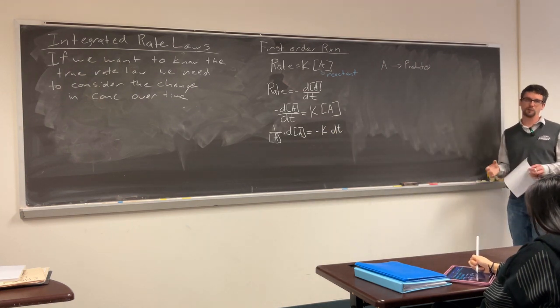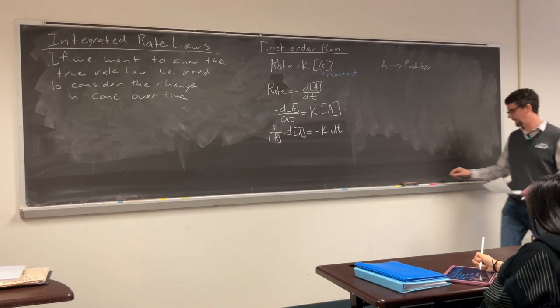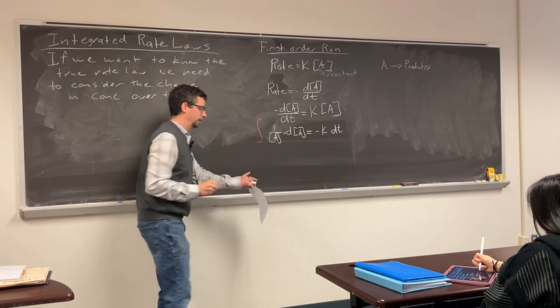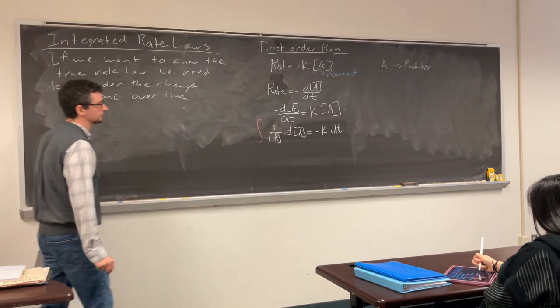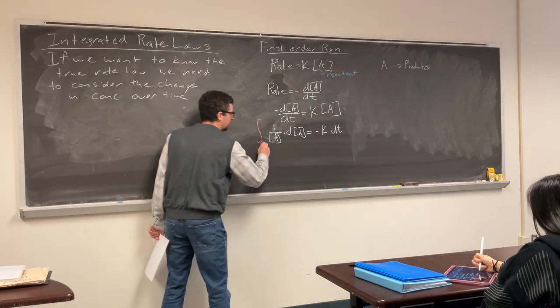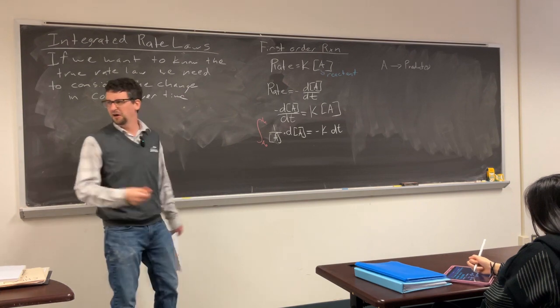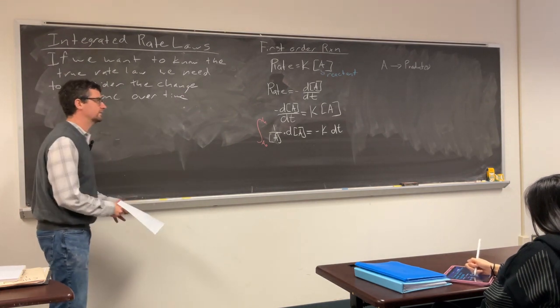Can I integrate now? Yep. What are my integration limits for the left? Yep, the initial concentration of A to what? Yeah, some other time down the road, A sub t.